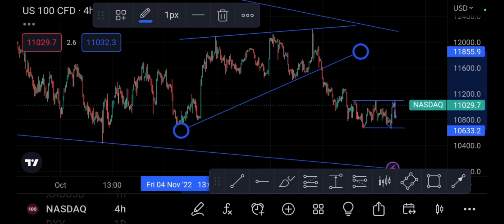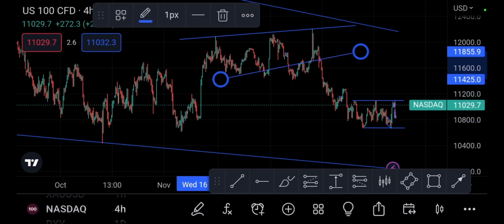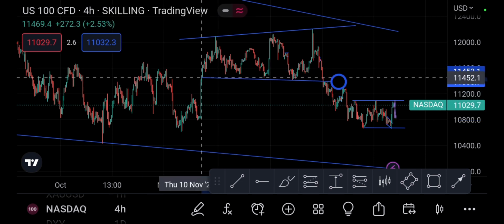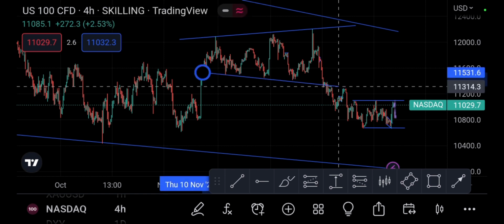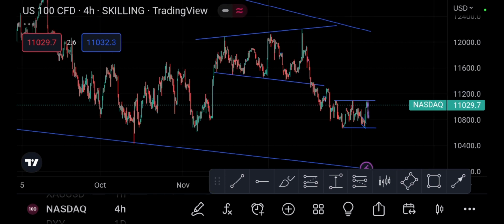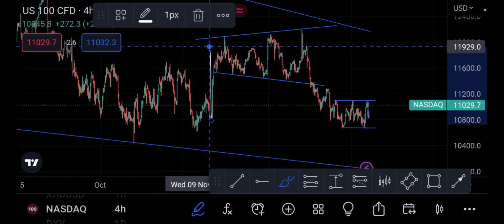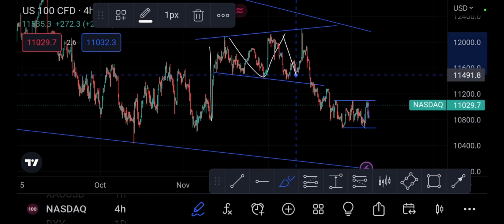Here, what I had was this channel going like this, right? I had this moving down like this, and then I was anticipating that this is an impulse from there. I'm expecting a big correction over here.